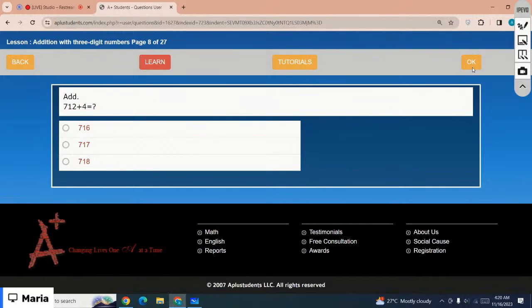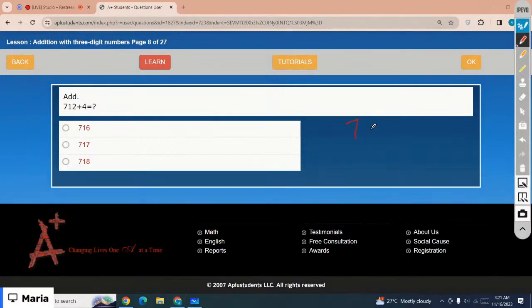Use your notebook and pencil, right? Write them down one above the other. This way you can easily add 4: 5, 6. So you have 6 here and the rest of the digits are same. Yes, that is 716. Option 1 is the correct option.